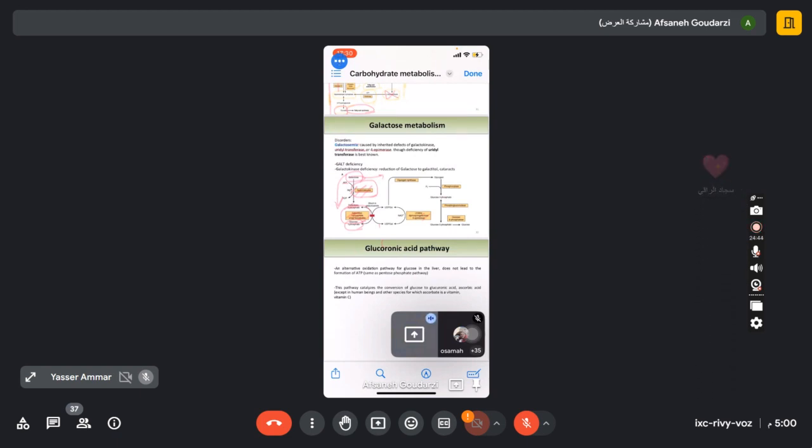This conversion of glucose to ascorbic acid in the glucuronic acid pathway does not occur in human beings. And you know that ascorbate, or ascorbic acid, which is vitamin C, is considered a vitamin for us. We cannot produce it in our body.